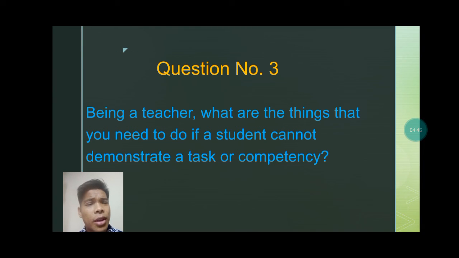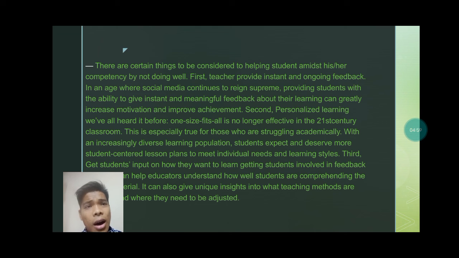So question number three: as a teacher, what are the things that you need to do if a student cannot demonstrate a task or competency? My response is that there are certain things to be considered to help students whose competencies are not doing well.